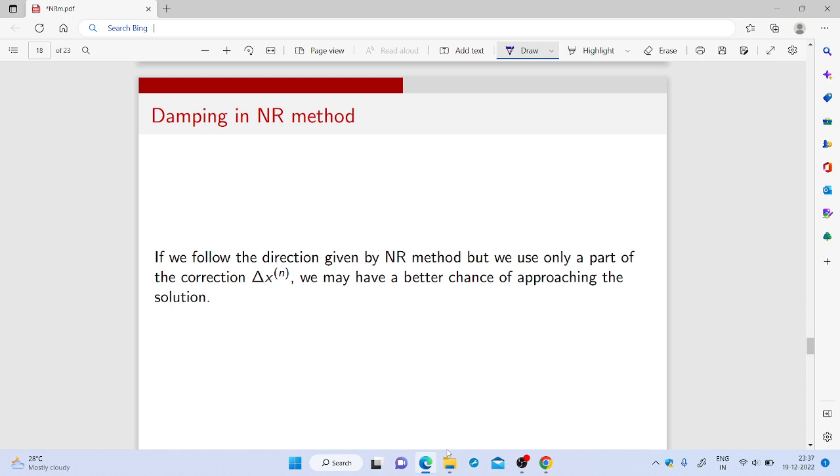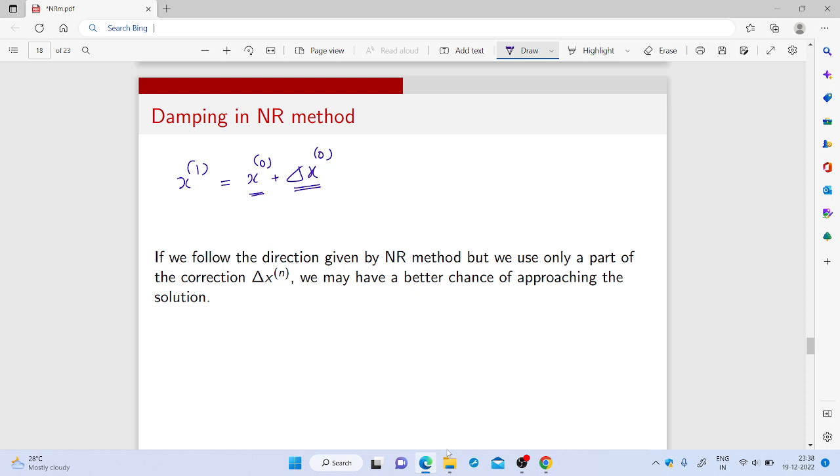Now coming to damping in Newton-Raphson method. Sometimes the Newton-Raphson method fails to converge because the update delta x, we are calculating the value in the first iteration using initial guess plus update vector delta x. If this update is very large, then it may overcorrect the initial guess, so we may diverge away from the solution.